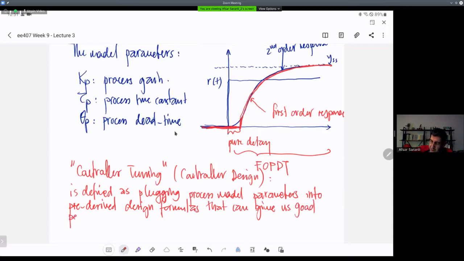Good performing PI, PID controllers. Okay.